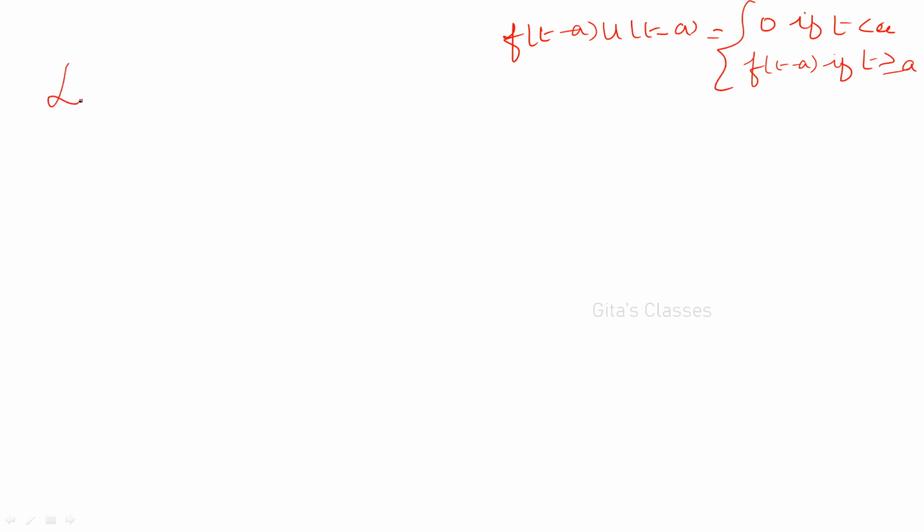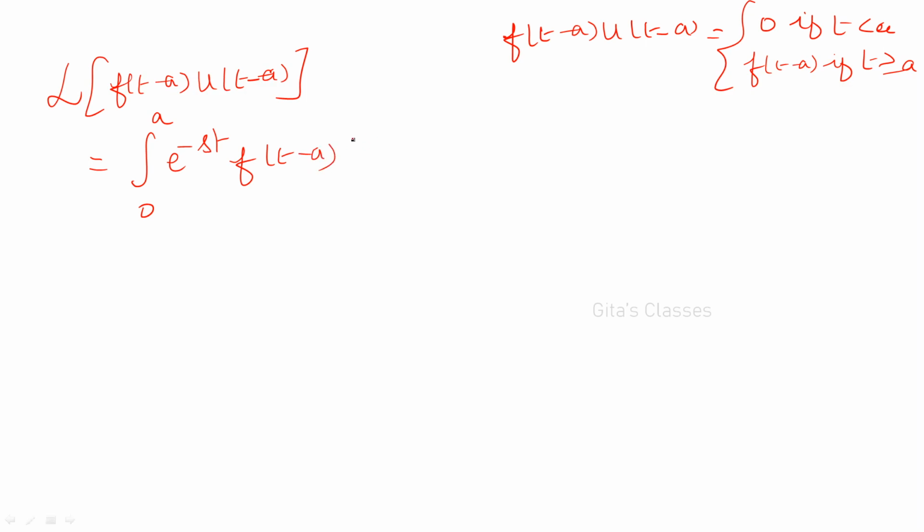So this L of f of t minus a into u of t minus a is equal to integral 0 to a e power minus st into f of t minus a into u of t minus a dt, or you can directly write that in this interval it is defined as 0.